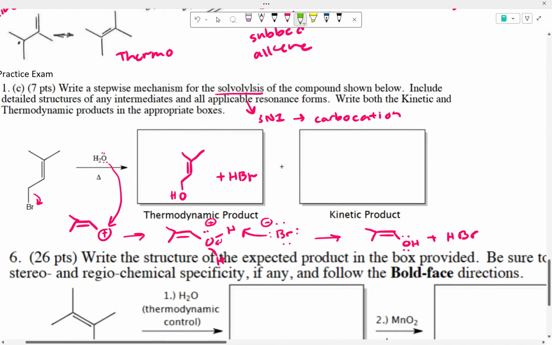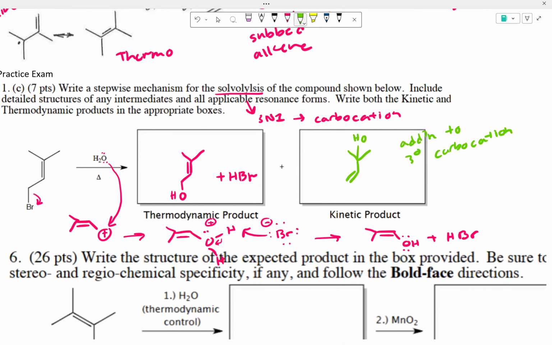And we could easily draw our kinetic product as well. It's going to be this, with alcohol addition to the tertiary carbocation.